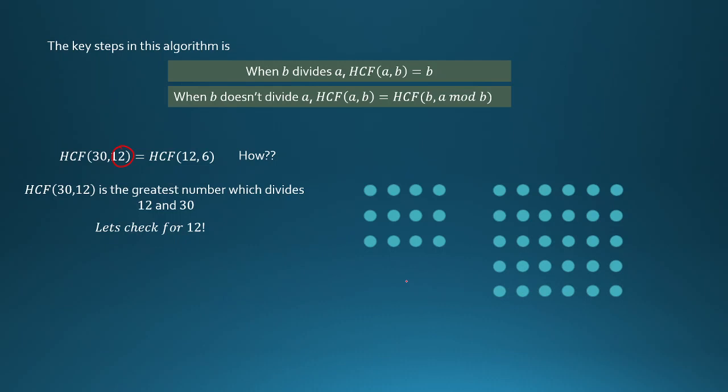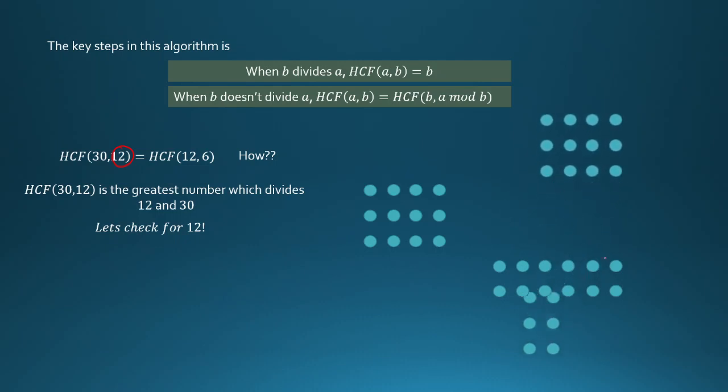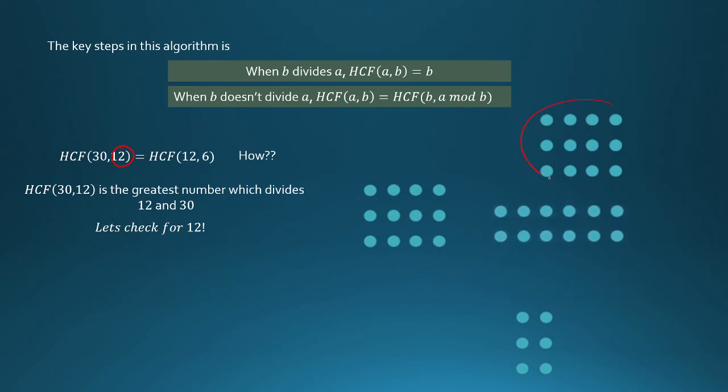But when we divide 30 by 12, we see that there is one 12 in 30, then there is another 12 in 30, and there is a 6 remaining. This is 12, this is 12, and this is 6. So basically 30 can be written as 2 times 12 plus 6, or 12 plus 12 plus 6.